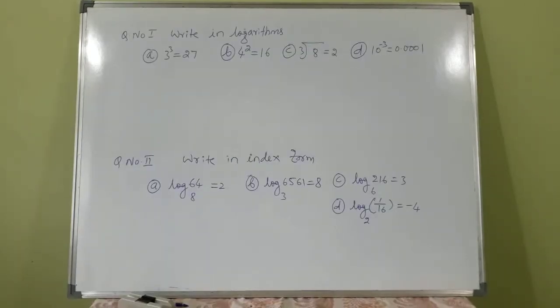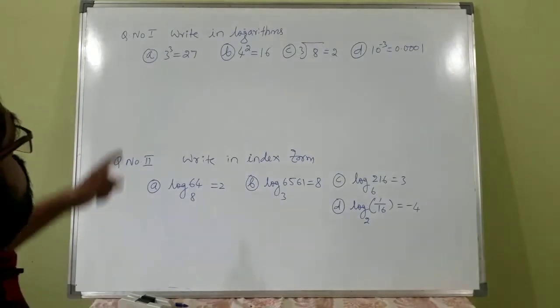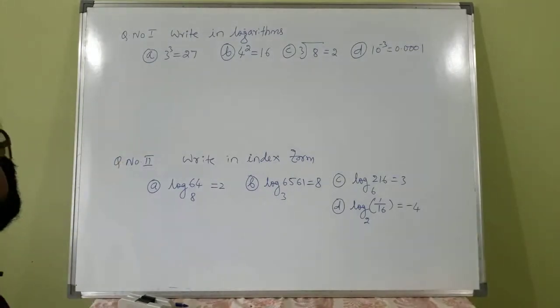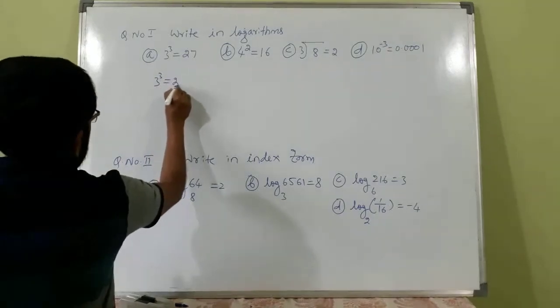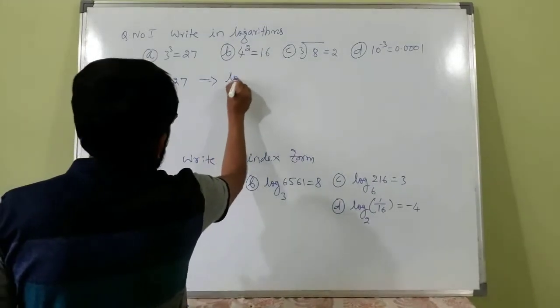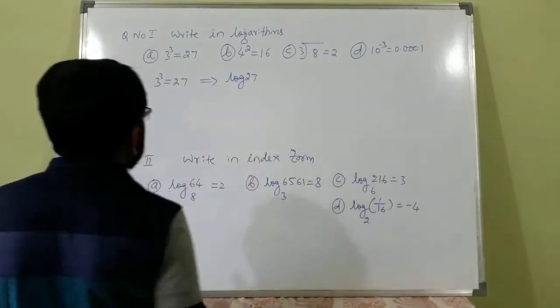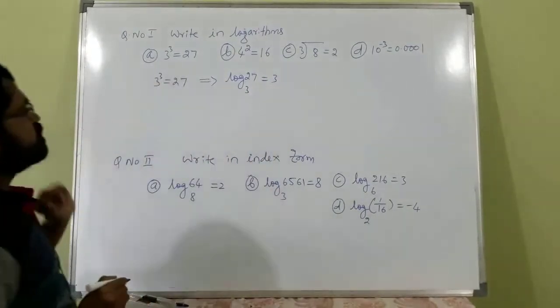Let us consider some simple examples. These expressions are given. You are asked to write those in logarithm forms. 3 cube is equal to 27. How to write this? 3 cube is equal to 27 implies log of 27 to the base 3 is equal to 3, this index.